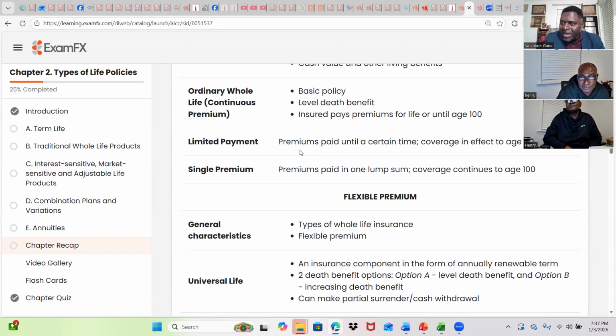They still pay you the death benefit. But if you don't die at 100 years, does the policy automatically terminate? No. It matures at 100, which means if you don't die, they'll pay you the entire death benefit at age 100. But for whole life, I just feel that the only time it's going to mature is when you die. Correct.